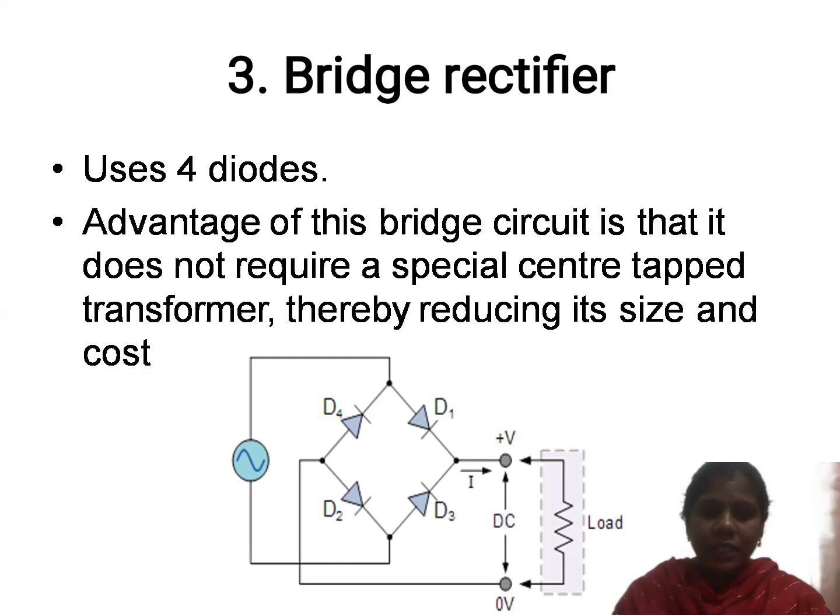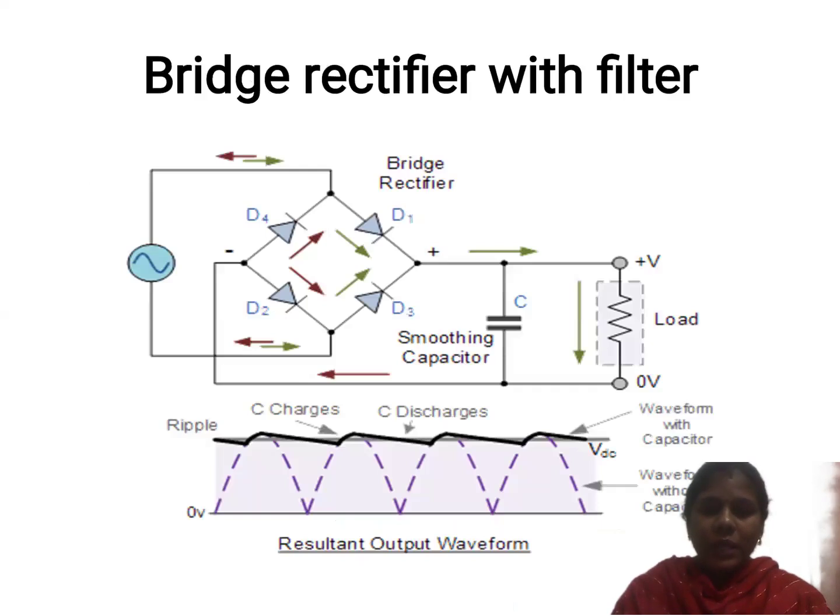Similarly, D3 and D4 are forward biased, in a conducting state, acting as a short circuit, and the output flows through the load resistor with respect to positive and negative potential. So the output of the bridge rectifier is the same as that of a full wave rectifier.